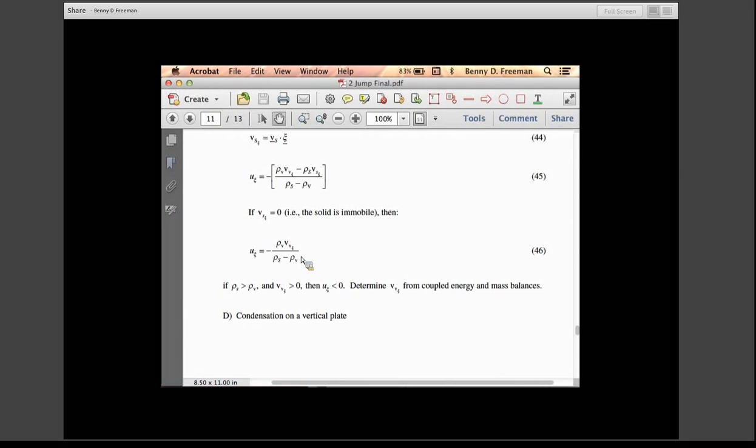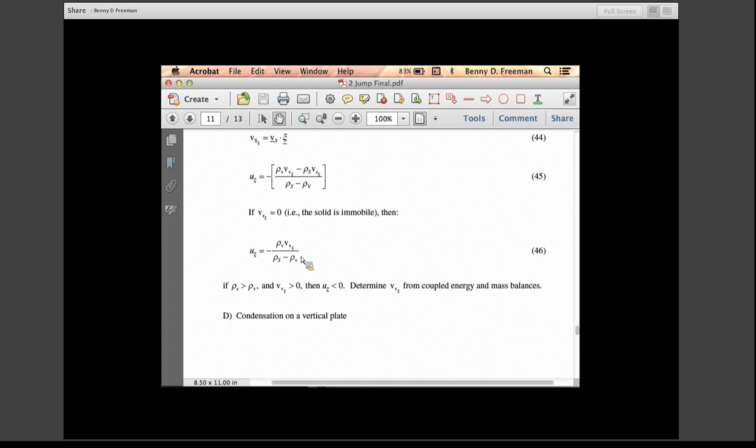And if you think about that a little bit, every time you evaporate or sublime a molecule of CO2, it goes into a gas phase where its density is much less than in the solid.